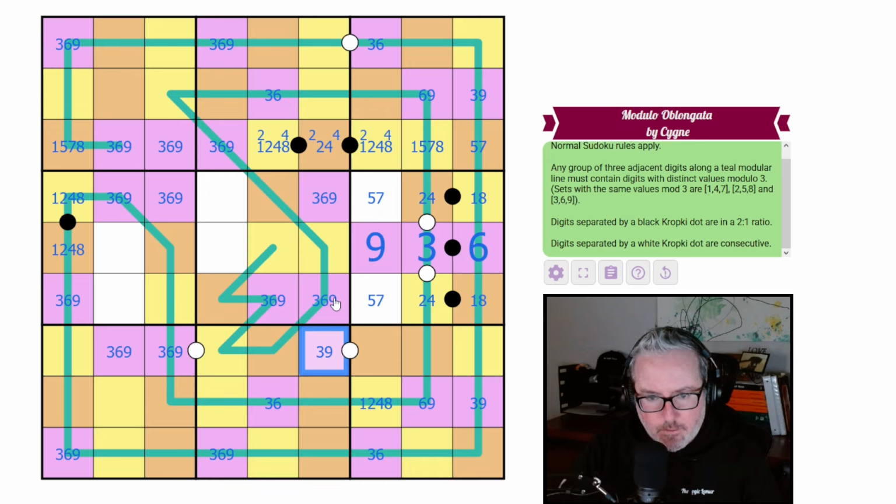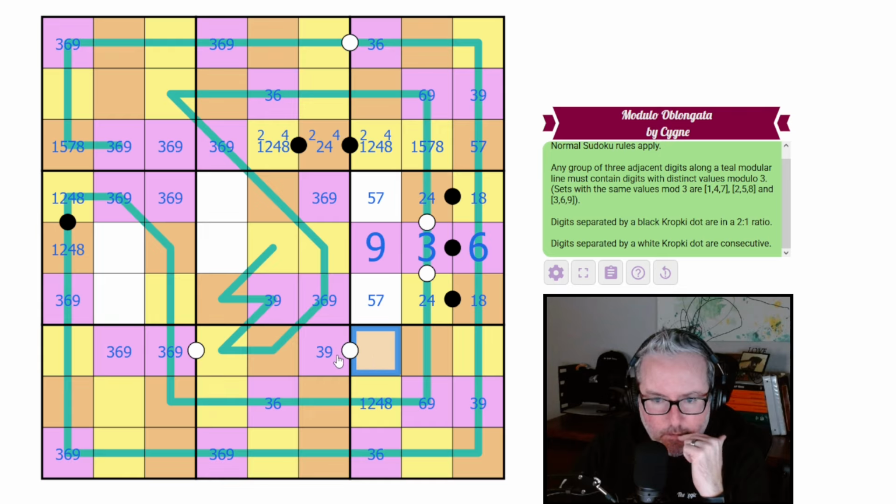That means one of these two is, so you're not. It could very well be a 9 with an 8. Or it could be a 3 with a 2 or a 4. It still doesn't seem to get us anywhere.